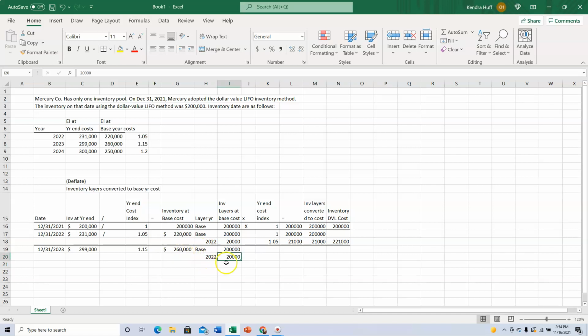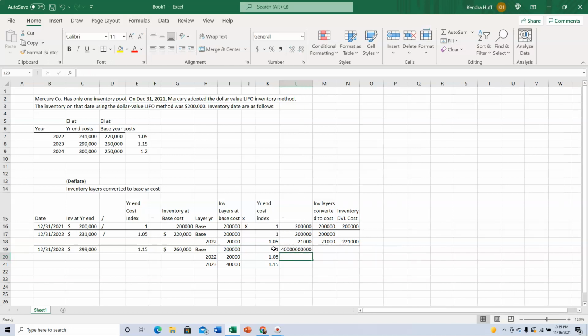Now we have 260, so we need to add another 40. So that adds up to the 260. Put their indices back in, multiply across.